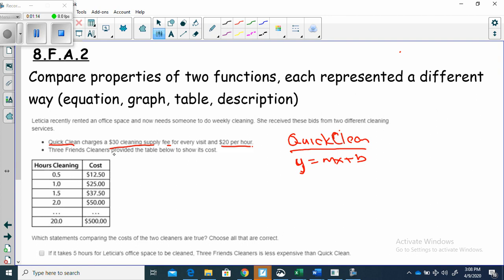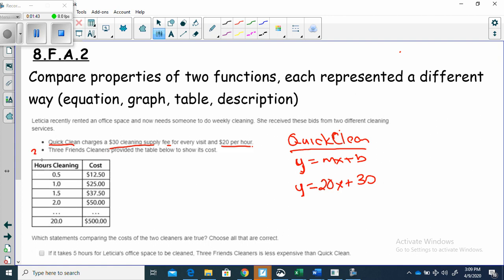Even if there's no hours charged to you, you're going to pay $30 for cleaning supply fees. So y is equal to, now we need the rate of change, the slope, $20 per hour. That is your rate of change right there. We're going to multiply 20 times the number of hours plus your $30, and that would give you your total cost for cleaning.